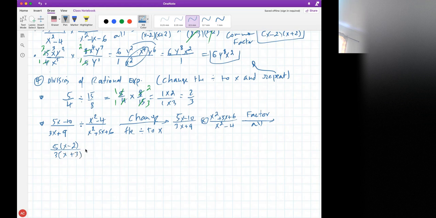We have a trinomial, x plus 2, x plus 3, and x minus 2, x plus 2, a binomial factor. Okay, so factor everything, and then once we factor all, what happens next?